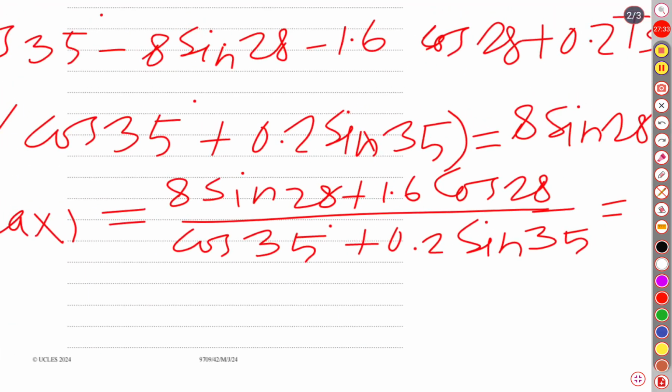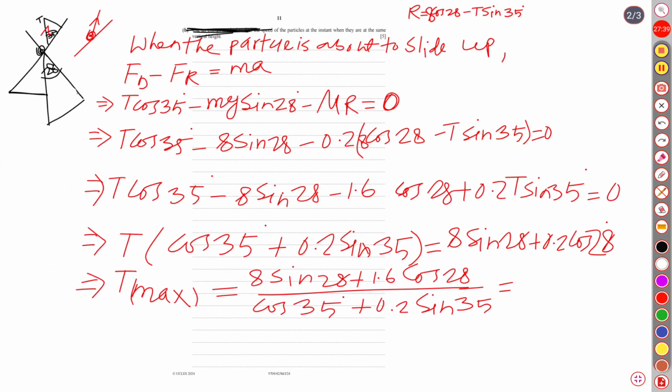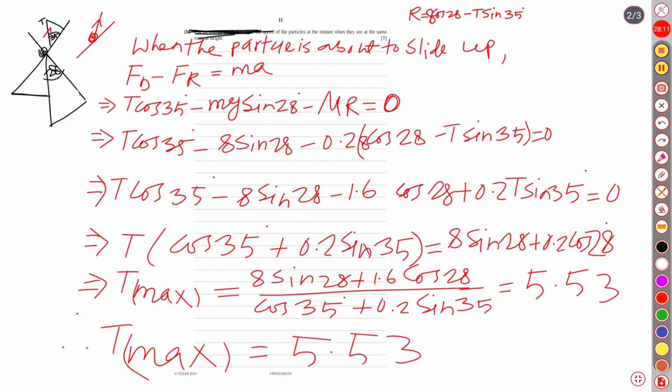So if we calculate it, finally we will get 8 sin 28 plus 1.6 cos 28 over cos 35 plus 0.2 sin 35 equal to 5.53. This is the maximum force acting in the string. Hence, T maximum is going to be 5.53 Newton.